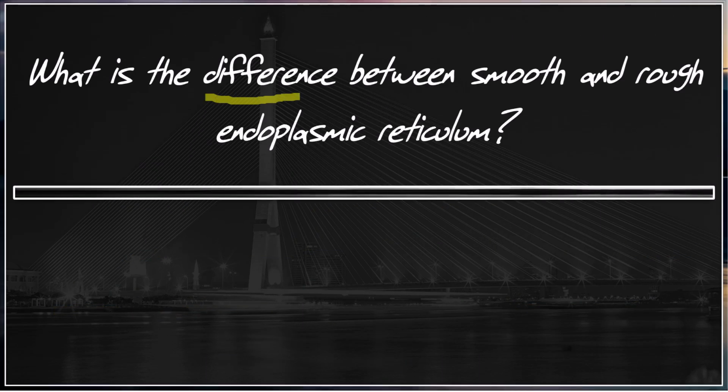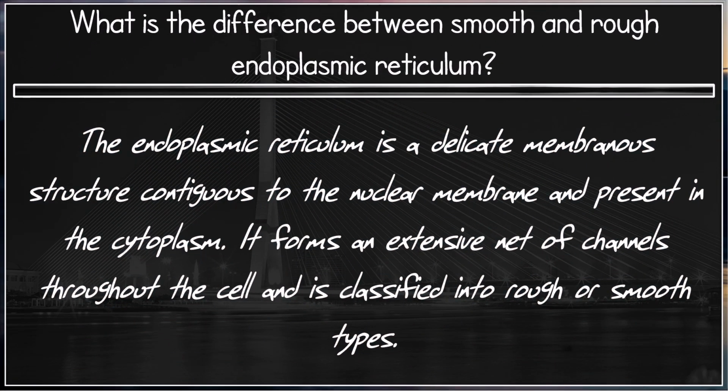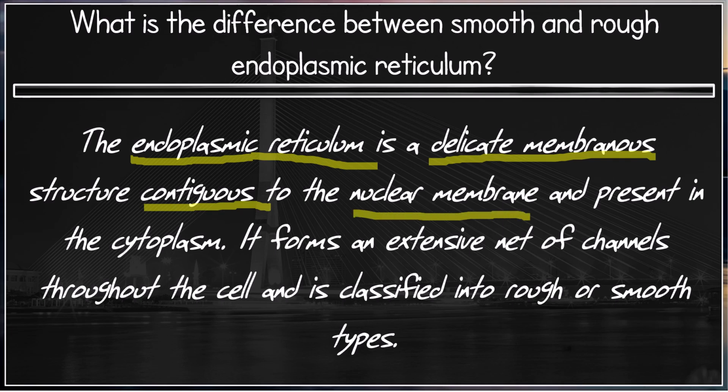What is the difference between smooth and rough endoplasmic reticulum? The endoplasmic reticulum is a delicate membranous structure contiguous to the nuclear membrane and present in the cytoplasm.